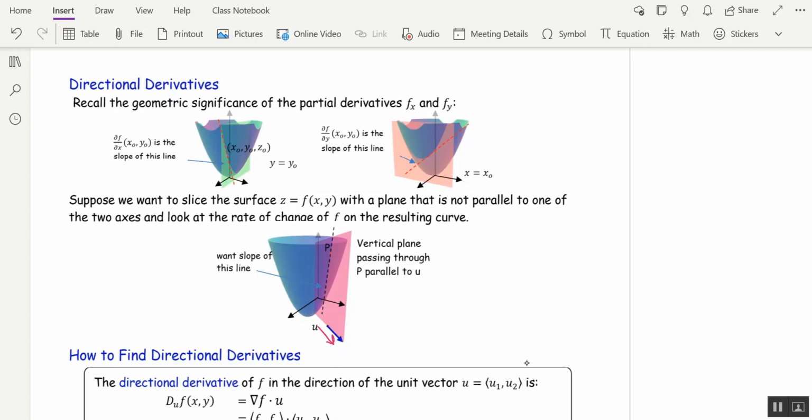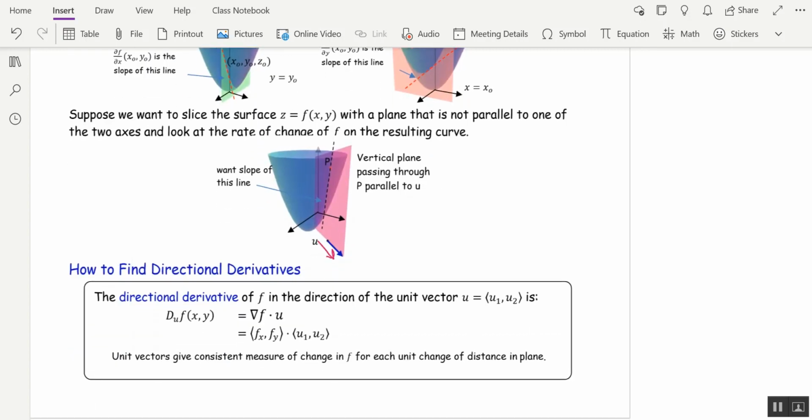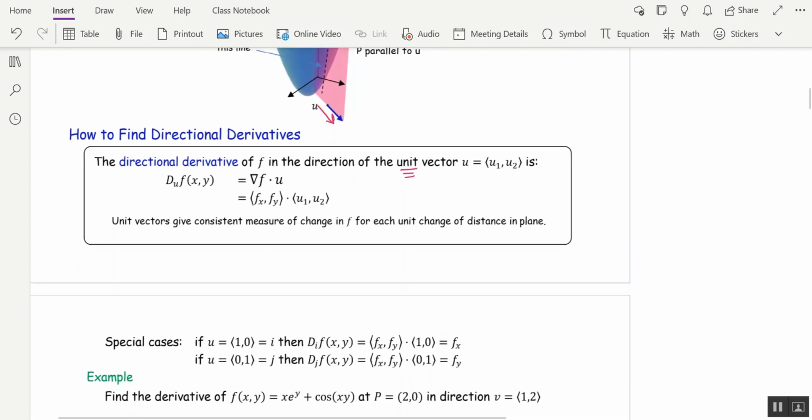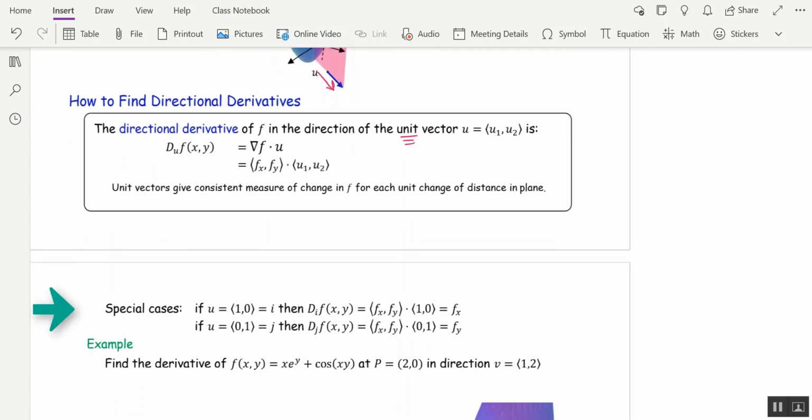And then the directional derivative is the rate of change of f in that direction. And so the formula for the directional derivative is simply del f dot u. The important thing is that u has to be a unit vector. And a special case is if u is one of the standard unit vectors, then you're going to get back to our normal partial derivatives, f sub x, f sub y.